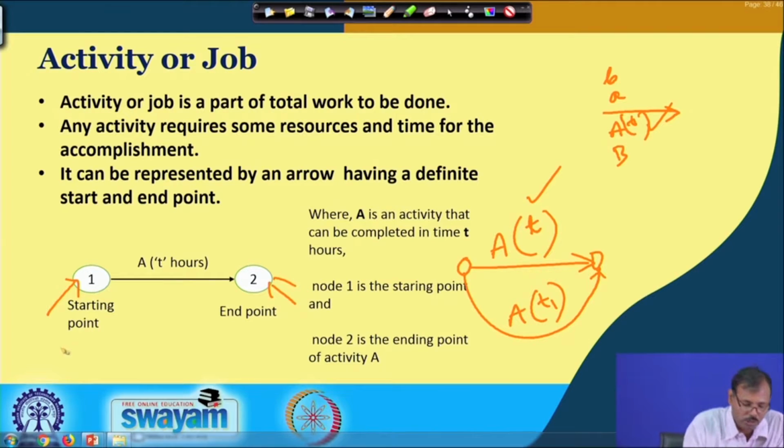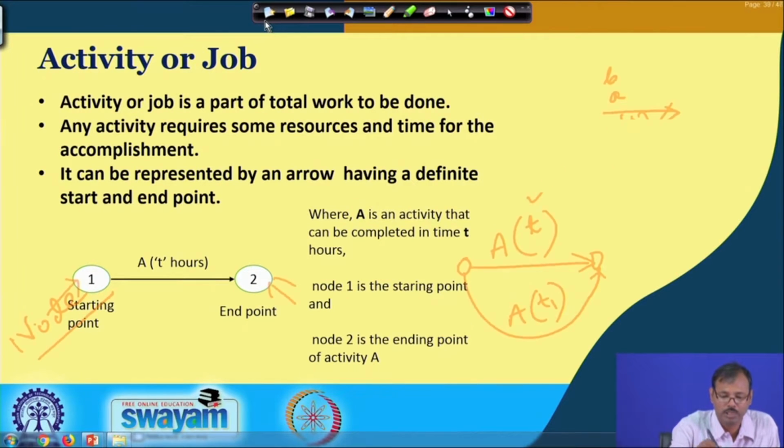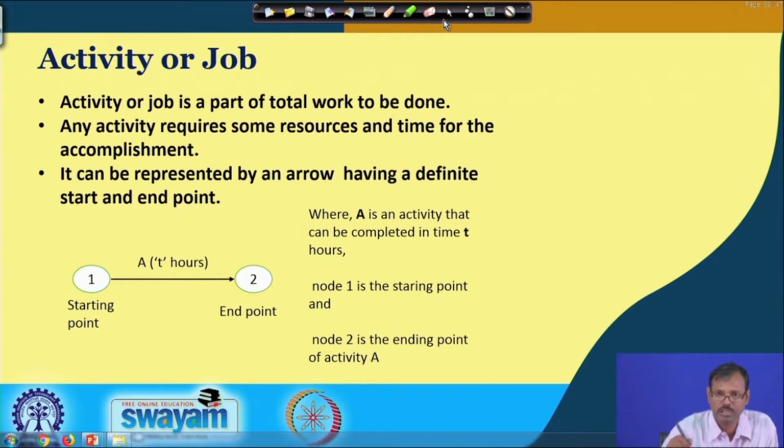These points are also called nodes in network analysis. So, it must be remembered that the starting point and ending point are also called the starting node and ending node. Here, nodes are given as numbers: 1 is the starting node and 2 is the ending node.